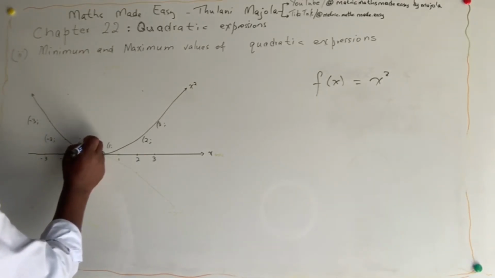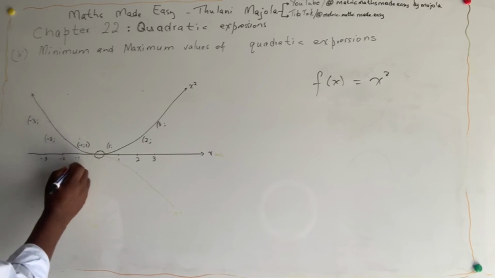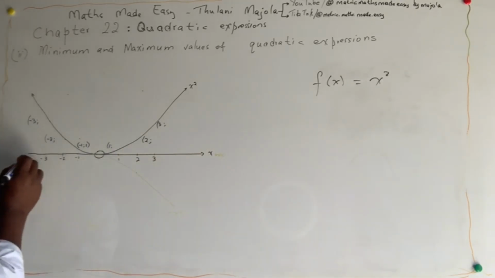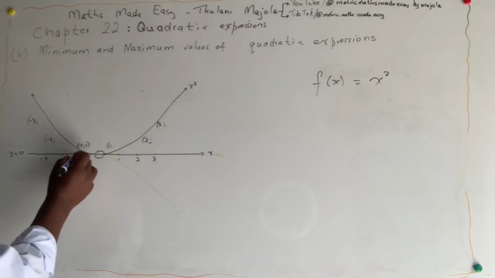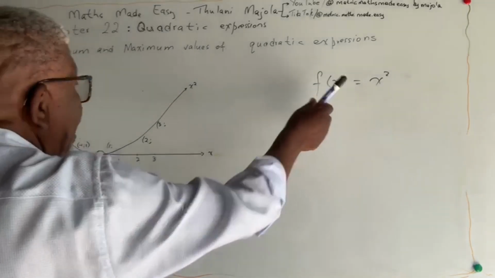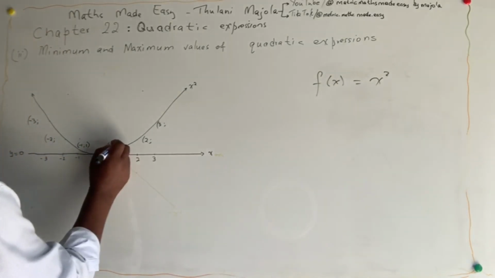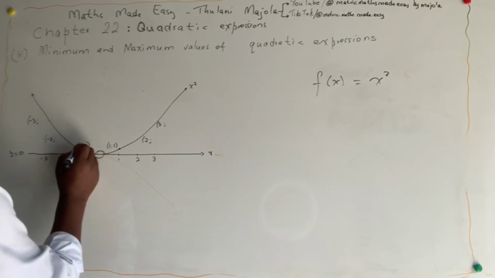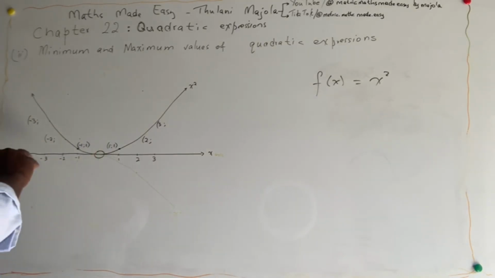So you've got your coordinates here: x is negative 1 and y is 1. And similarly, when x is 1, your y is also 1. So we've got these points on the graph which have equal values of y.